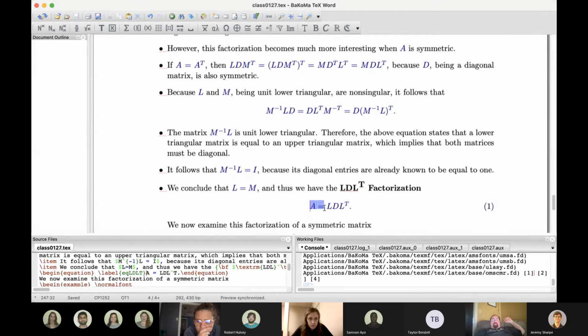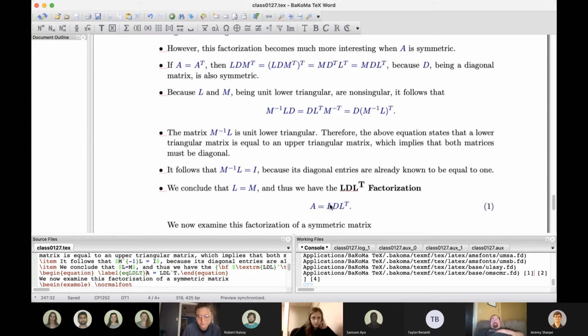So now this is a factorization we have: A is equal to L D L transpose, where D is diagonal and L is unit lower triangular. Now, why is this helpful? Well, for one thing, storage, because now I can represent A using about half as many entries.